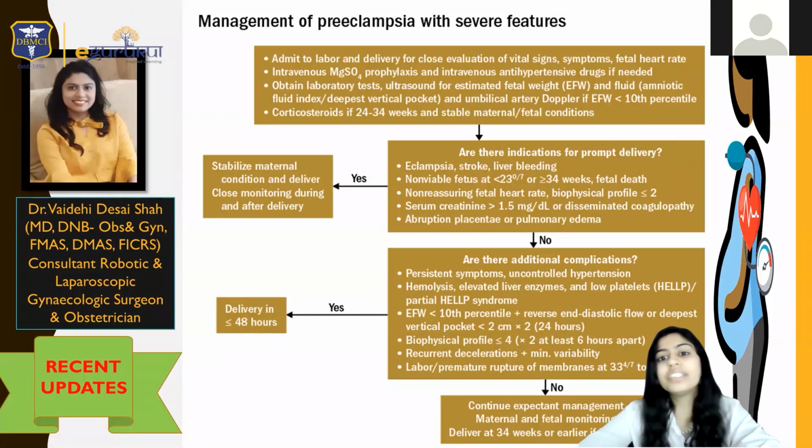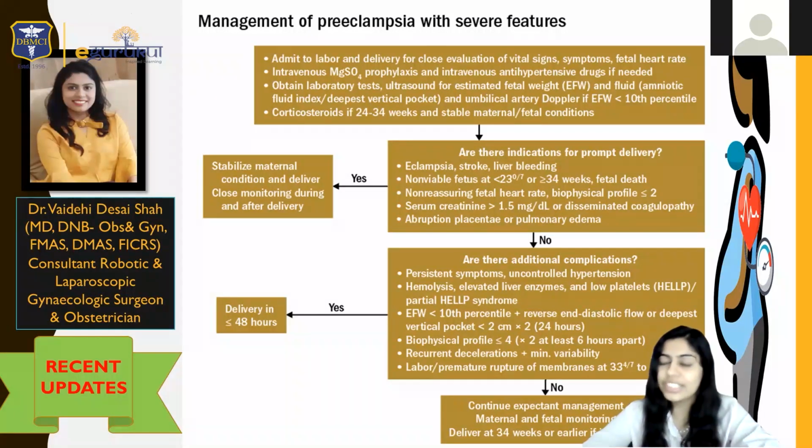And intravenous antihypertensive drugs for rapidly controlling the blood pressure. Obtain the laboratory tests, ultrasound for estimated fetal weight and fluid, amniotic fluid index, deepest vertical pocket, and umbilical artery Doppler if there is presence of IUGR or FGR, fetal growth restriction.